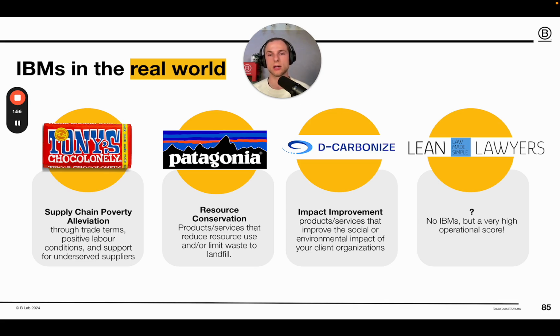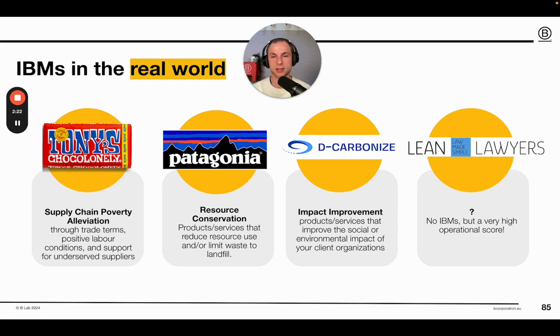An interesting one is also Decarbonize. So this is a Belgian B Corp, which is a business-to-business company, so a service company, which helps companies to reduce their environmental footprint. You could say, more broadly speaking, for similar companies, they do some kind of ecological or social sustainability consulting.